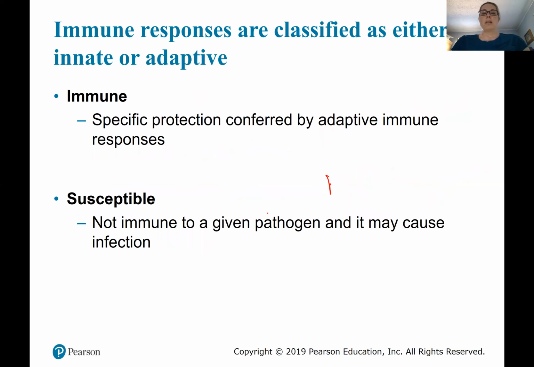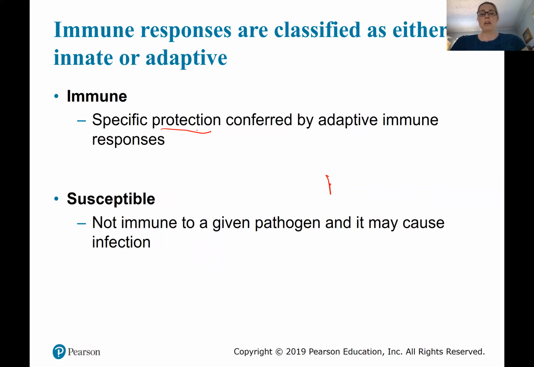I've been exposed to some things that you haven't, and vice versa. So there are some things that I am immune to, that if I get exposed to it, my immune system has basically built up a memory and is going to protect me against that specific pathogen.